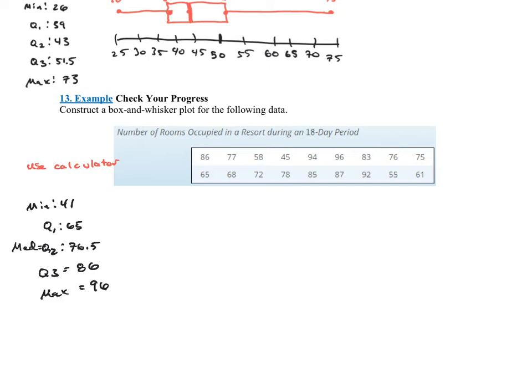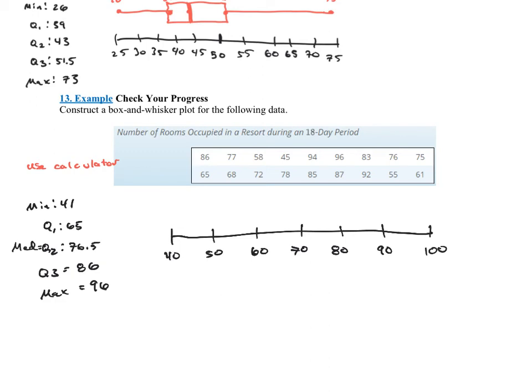I need a scale that goes from roughly 40 to 100, let's say. I'll do it by tens, I guess. Why not? 50, 60, 70, 80, 90, 100. There we are. There's a scale. I don't care how you label it. Just make sure there's enough tick marks to give you scale.